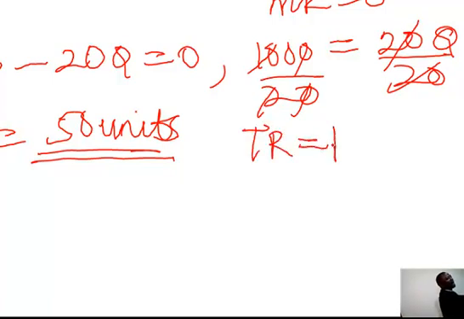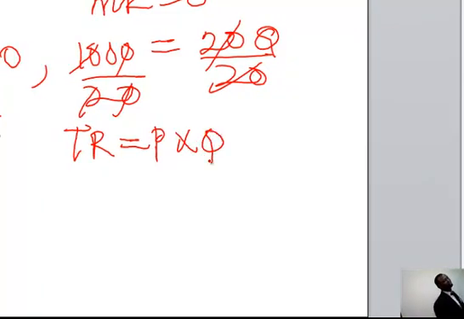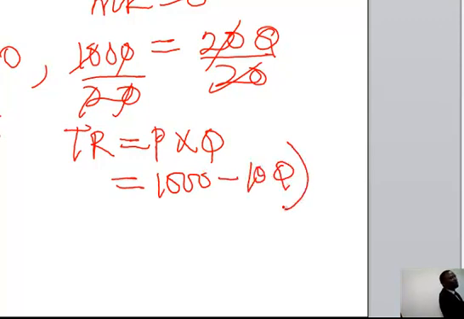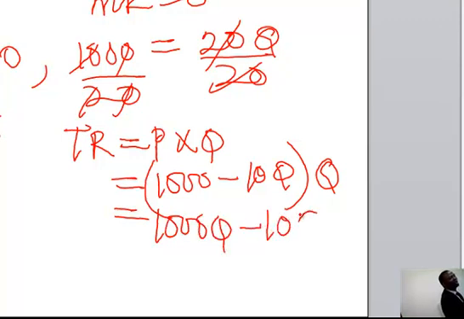is equal to price times quantity. And our price has been given as 1000 minus 10Q. And the Q is this. So now if you open the bracket, we have 1000Q minus 10Q squared.